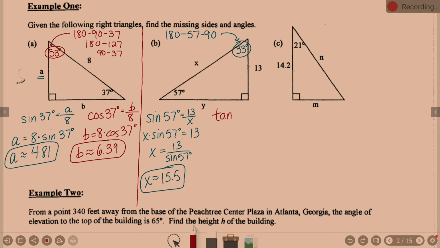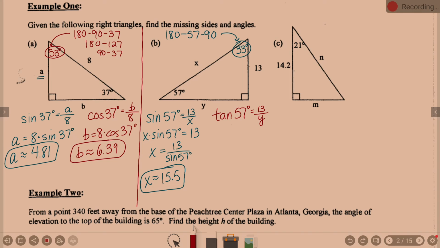57. Okay. If we use tangent of 57, then what is my fraction equal to? 13 over y. What's the other option here? Tangent of 33 is equal to y over 13. And I don't care if you use 33 because that is an exact non-rounded answer.